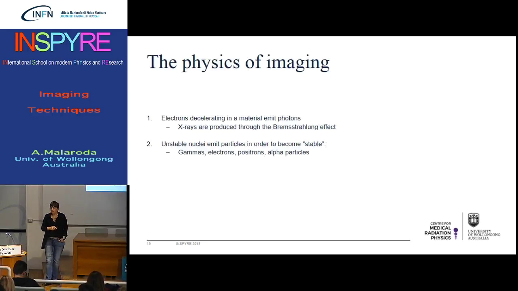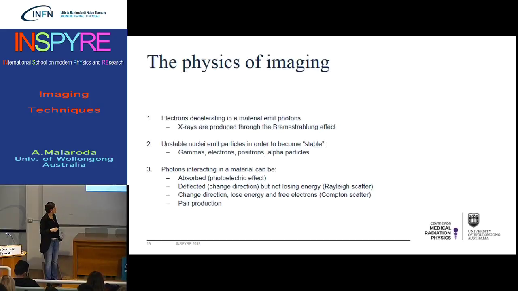The other information I need to know if I want to be able to make images using radiation is how this radiation is going to interact in the object. And we said we can make an image using X-rays if some of the X-rays are going to be transmitted and some of the X-rays are going to be absorbed.